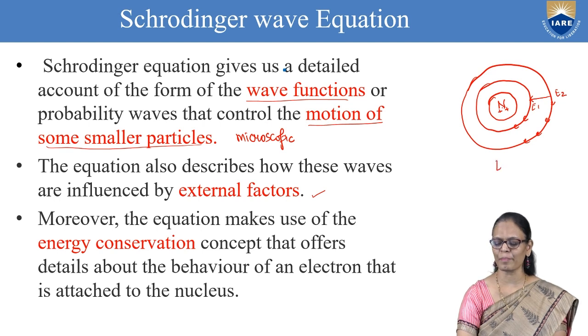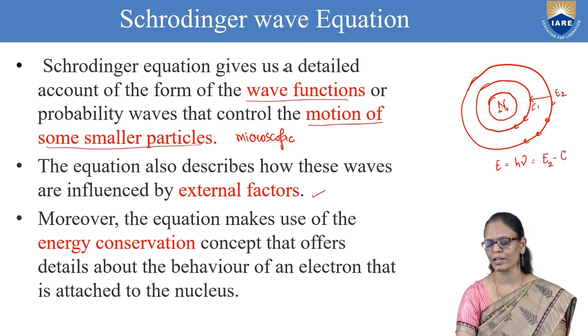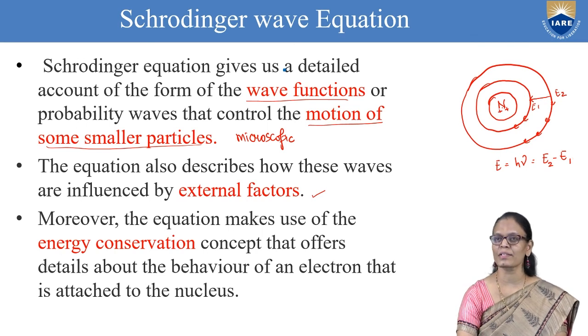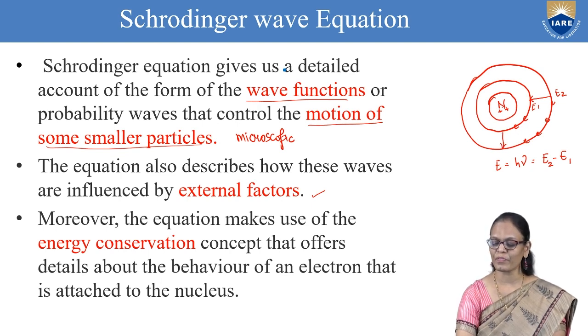So the energy emitted, if you say in terms of h nu, should be equal to E2 minus E1. Or if an electron has to go from a lower level to a higher level, from E1 to E2, definitely E2 is at a higher level than E1.